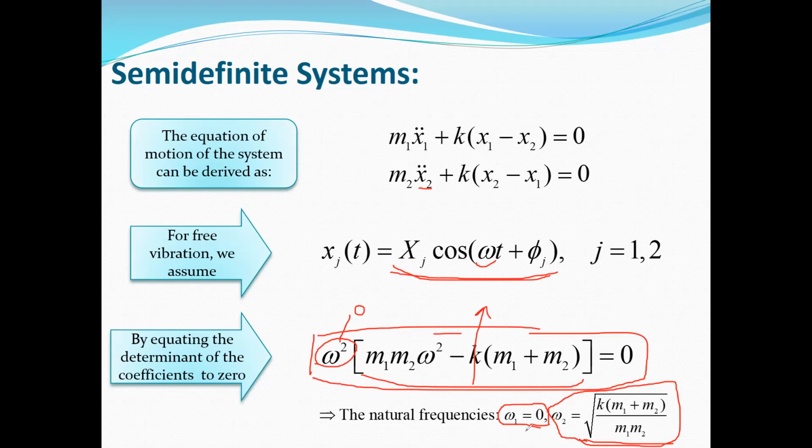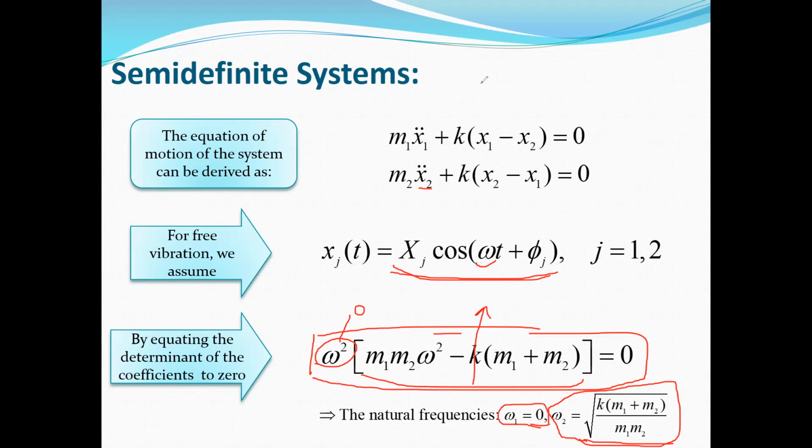So anytime you extract the equation of motion for your system and you solve the equations and you find one zero root for the characteristic equation or for the natural frequency, it means that you are dealing with a semi-definite system.